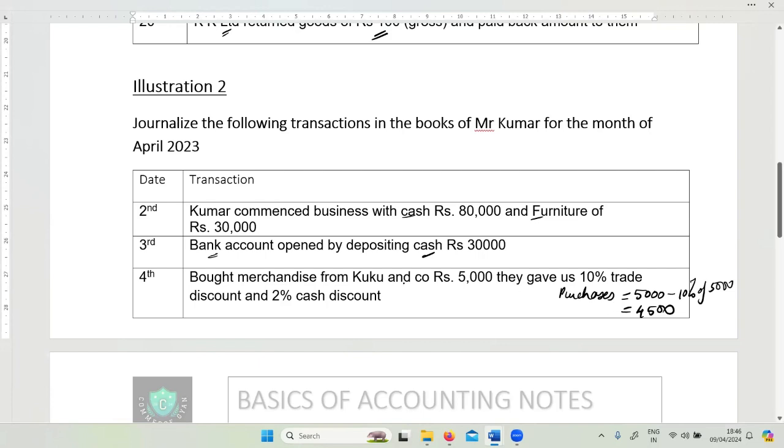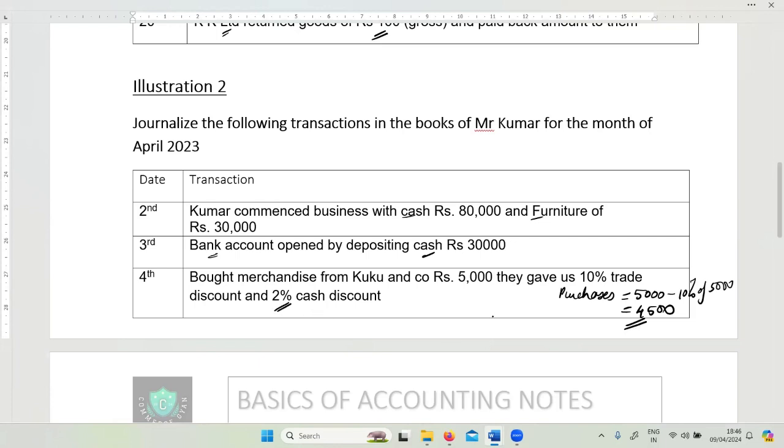So 4,500 is our base value of purchases from Cuckoo and Company. Now remember, Cuckoo and Company is the one which is getting money in the format of cash because they have given us cash discount. If the word cash discount is mentioned, by now we know that the amount is paid off, correct? So basically, how much is the cash discount now we need to calculate? On what value will we calculate? We will calculate on the value of 4,500.